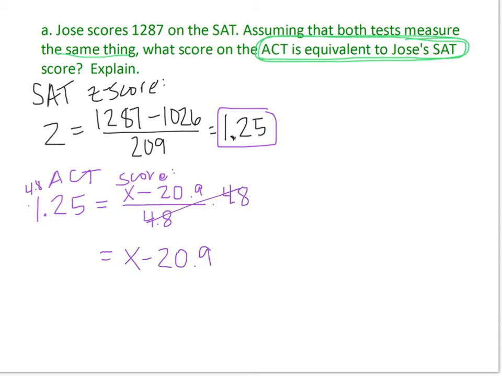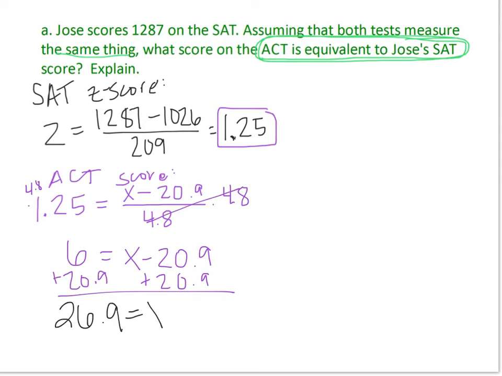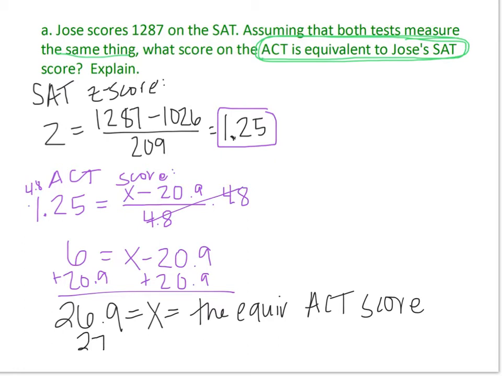And 4.8 times 1.25 gives me 6. Add 20.9 to both sides. And I get that 26.9 equals x, which equals the equivalent ACT score. So typically ACT scores are whole numbers, so you could say 27 instead of 26.9, but this would be an appropriate perfect answer.